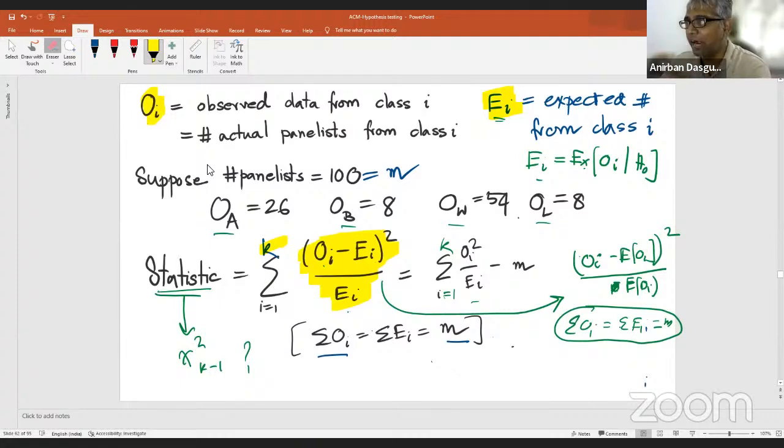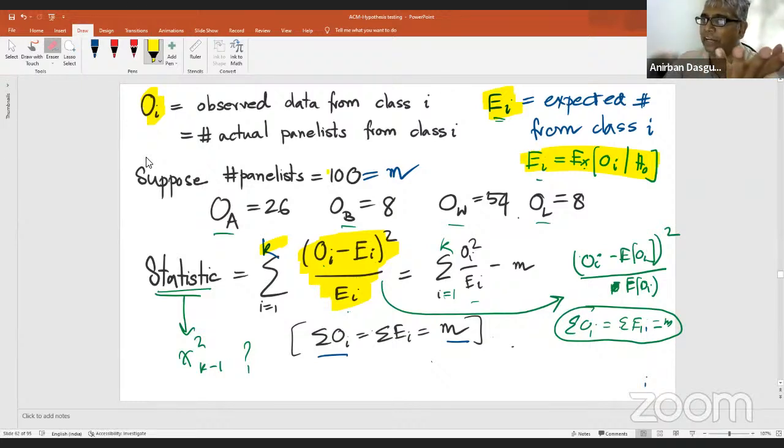So under H0, EI equals the expectation of OI, because if H0 were true, the expected number of panelists from race I will be exactly EI, by definition.